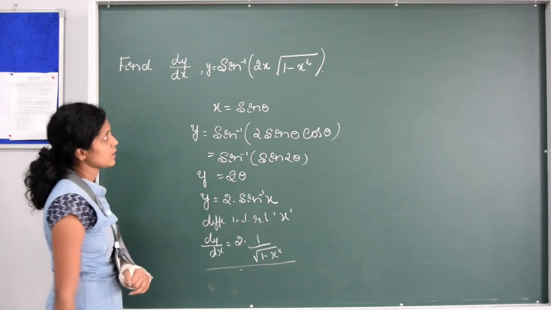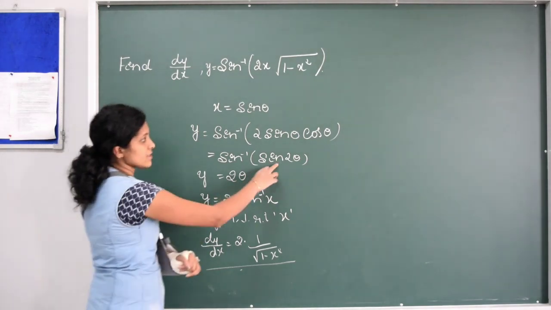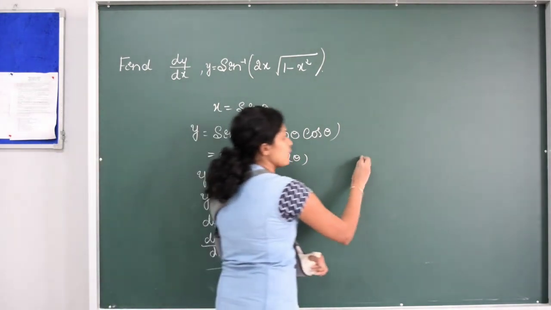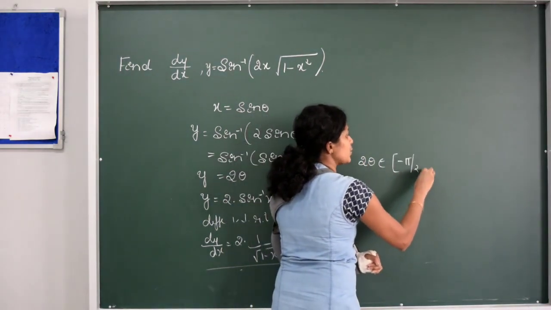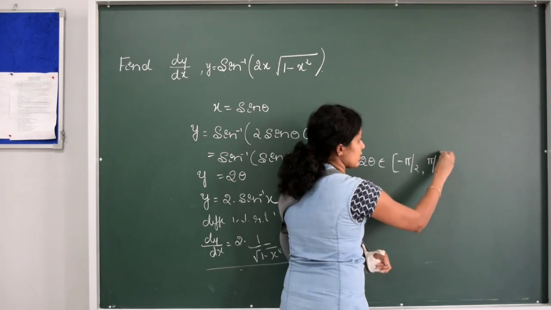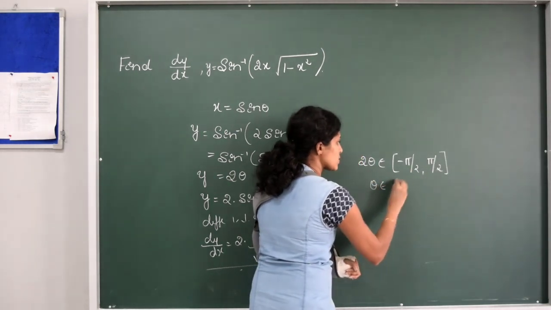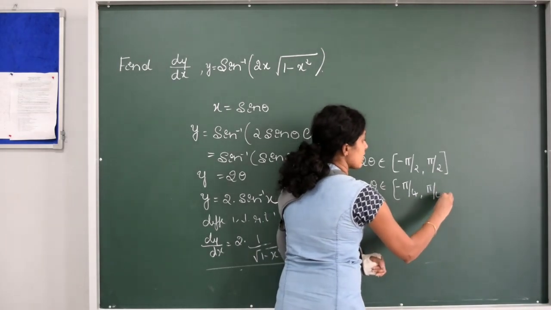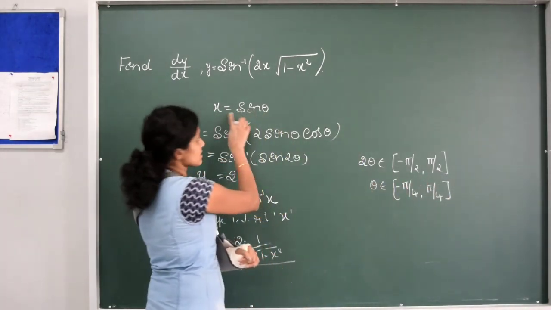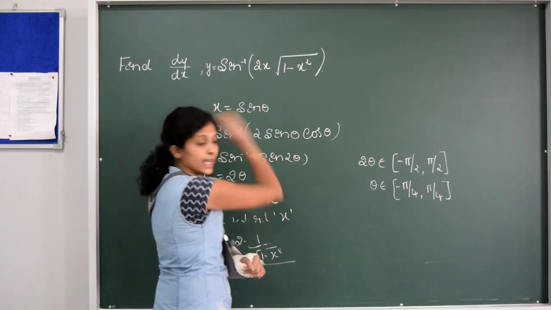Can you say what is the range of x? Here sin 2 theta is there, right? So the value of 2 theta should belong to the restricted domain, that is minus pi by 2 to pi by 2. So now theta belongs to minus pi by 4 to pi by 4. Now what is the value of theta? We have substituted x is equal to sin theta, so theta will be sin inverse x, right?